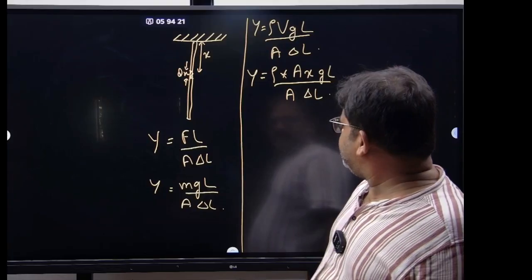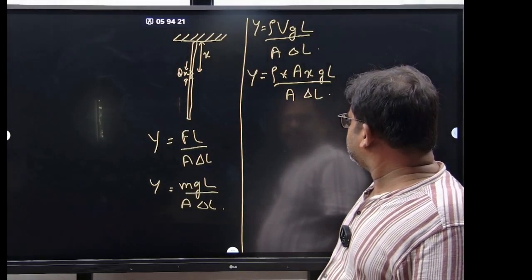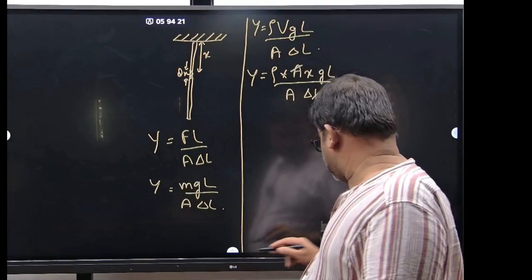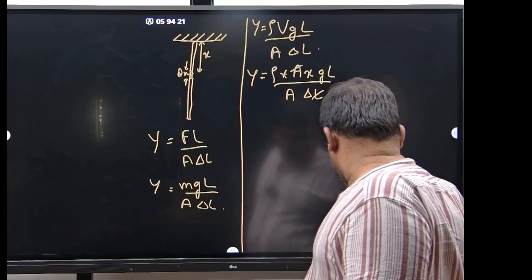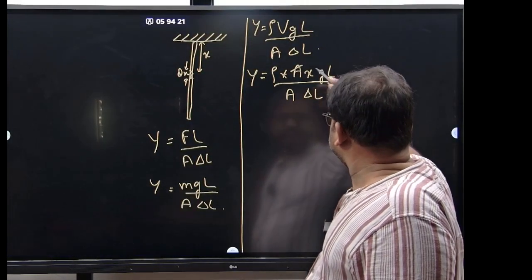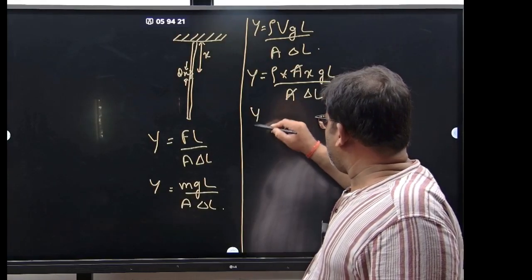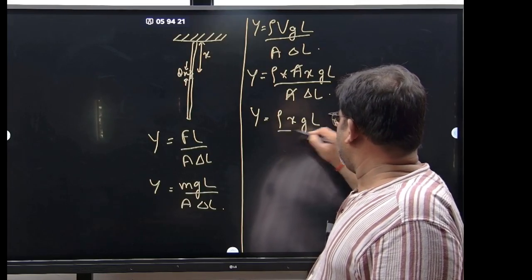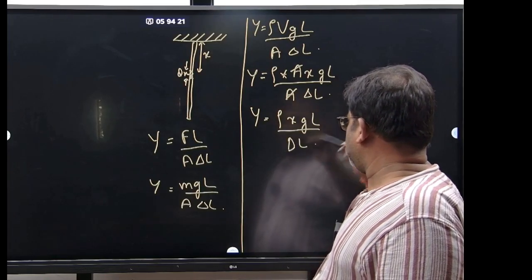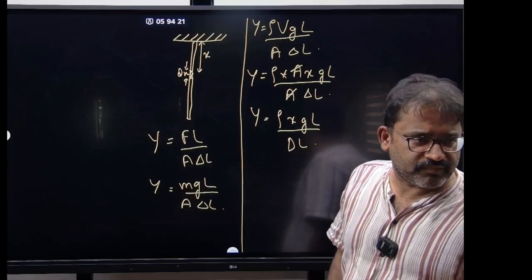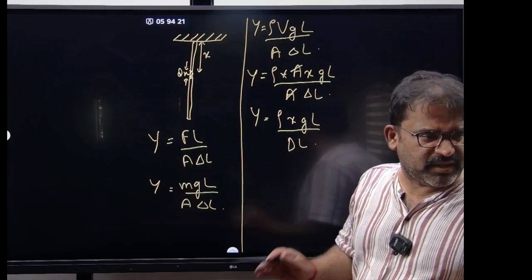So what can we cancel off here now? A and A can be cancelled out. So therefore Y is equal to what now? Rho x g L divided by delta L. Okay. Any doubts on that?